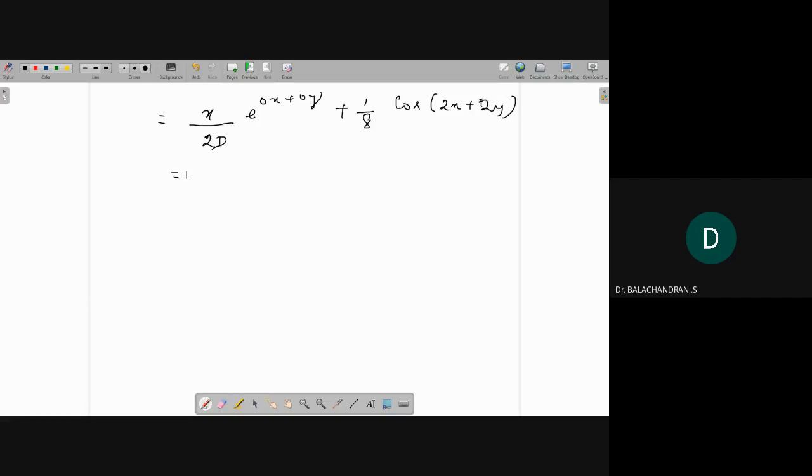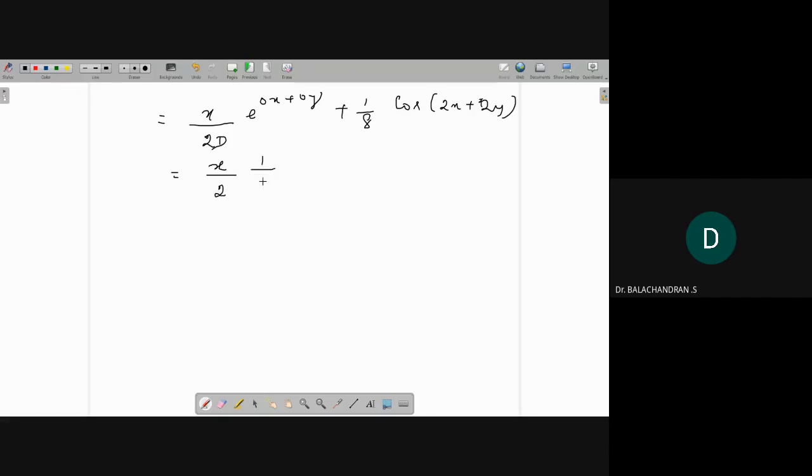Now this is equal to x by 2 into. Here also just replace D by 0. If you get the denominator 0, you can multiply by x, so x square by 2. Or if you differentiate 2D, you'll get 2, giving x square by 2. So that is one method.